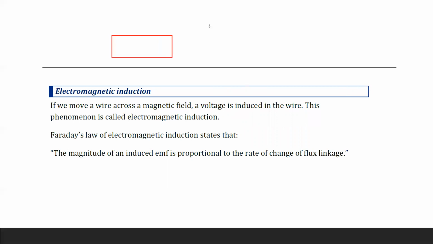For example, we have a magnet having north and south poles. So there are field lines pointing from north to south.